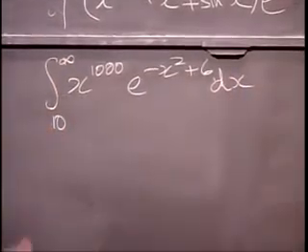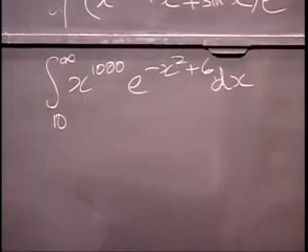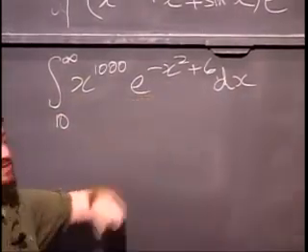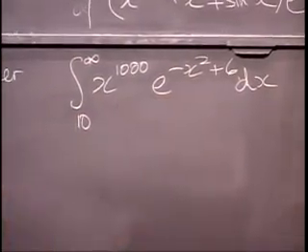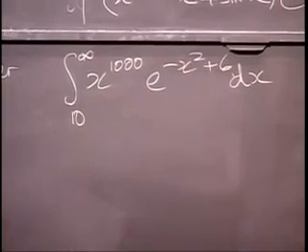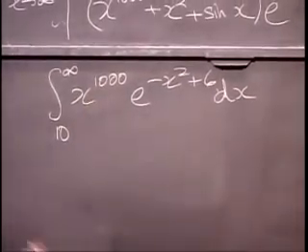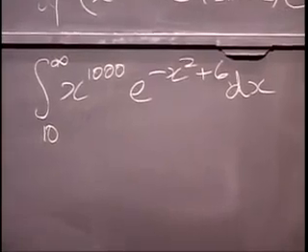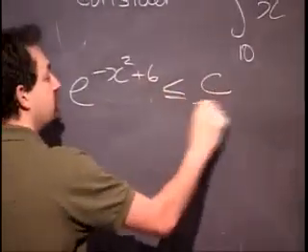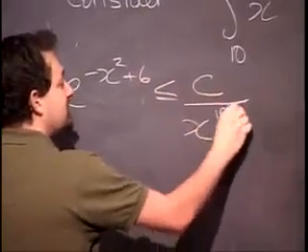The intuition here is that although x to the 1,000 becomes huge, the exponential becomes really, really tiny. So I'm going to add 2 to 1,000, and I'm going to write e to the minus x squared plus 6 is less than or equal to some constant over x to the 1,002.